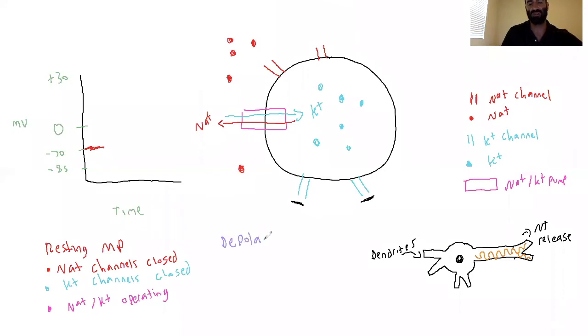What that means is the inside of the cell is going to have a positively charged environment compared to the outside. Sodium channels are going to open, and sodium is going to flow into the cell.